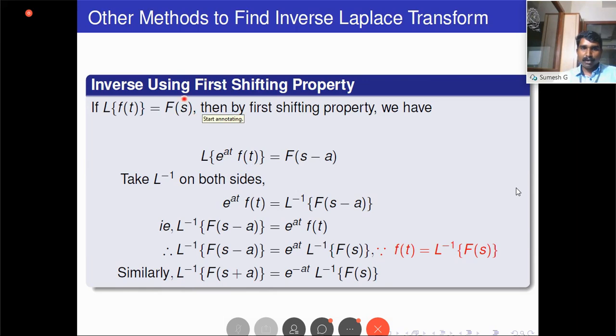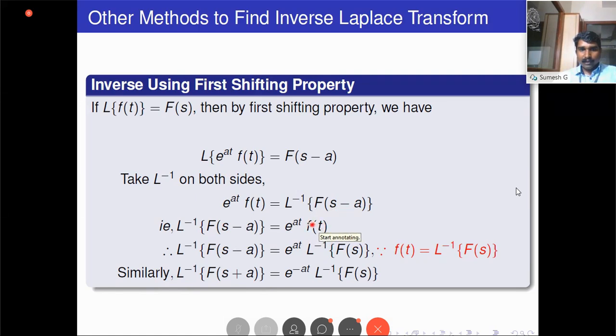Here we use this property to find the inverse transform. So take the inverse Laplace transform on both sides. We get e raised to at into f(t). On the left side, L inverse and L cancel, so the left side becomes e raised to at into f(t) only, equal to the inverse of F(s − a). That is, the inverse Laplace transform of F(s − a) equals e raised to at into f(t).